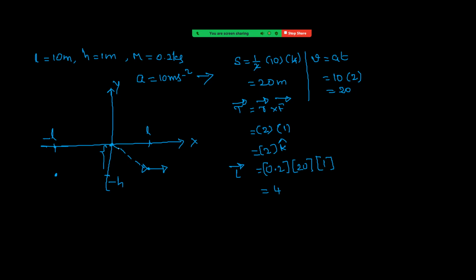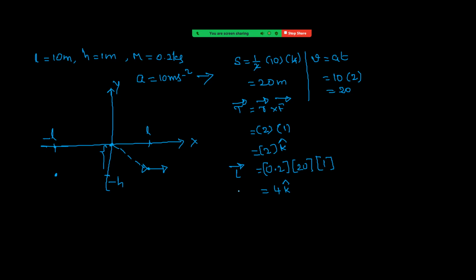Direction part: again R bar cross P bar. The direction of F bar and the direction of P bar are both the same, so it is again k cap. That means option C is also correct.